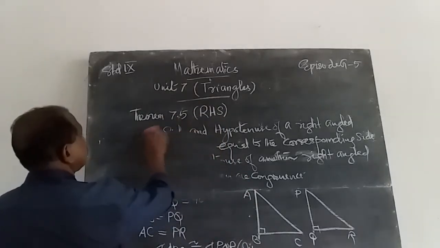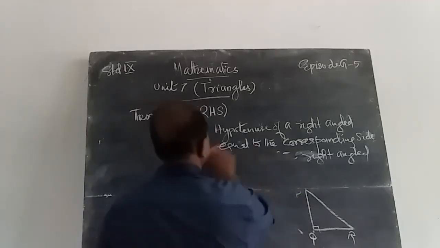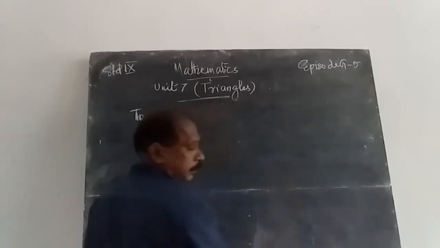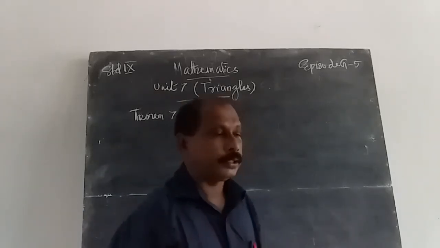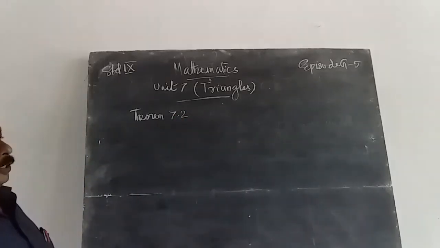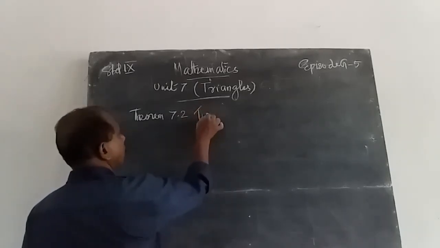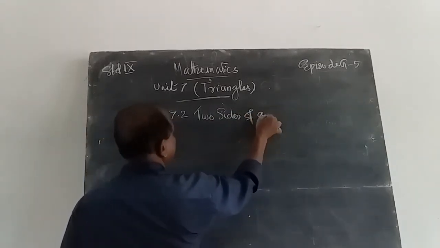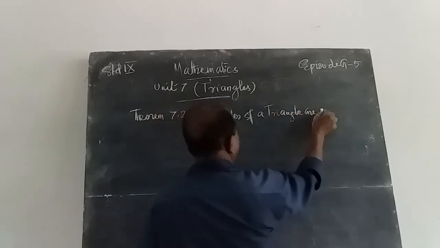Then the theorem is 7.2. That is another theorem, but it comes after these theorems. Therefore, it is 7.2. In your book it may be numbered 7.1, 7.2, 7.3, 7.4, but let us consider it 7.2. That theorem statement is: two sides of a triangle are equal.